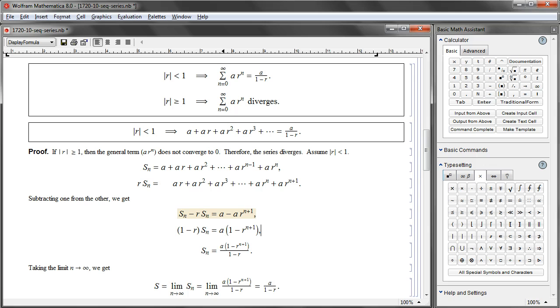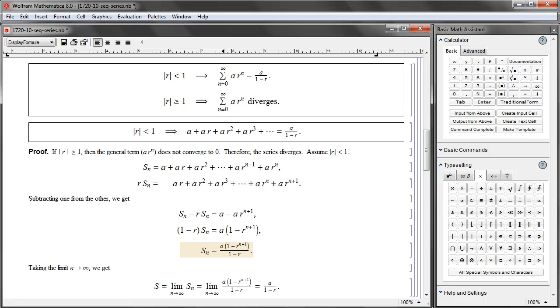Factor Sn out, and then divide by 1 minus r, and we have this rather important formula here: a times 1 minus r to the n plus first power over 1 minus r. That's actually the geometric series formula for finite sum. But this is calculus. We are not too much interested in finite mathematics. We are interested in limit.